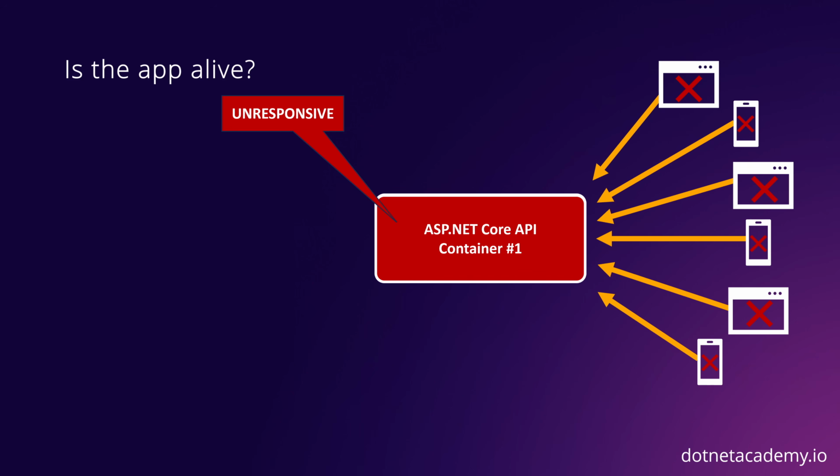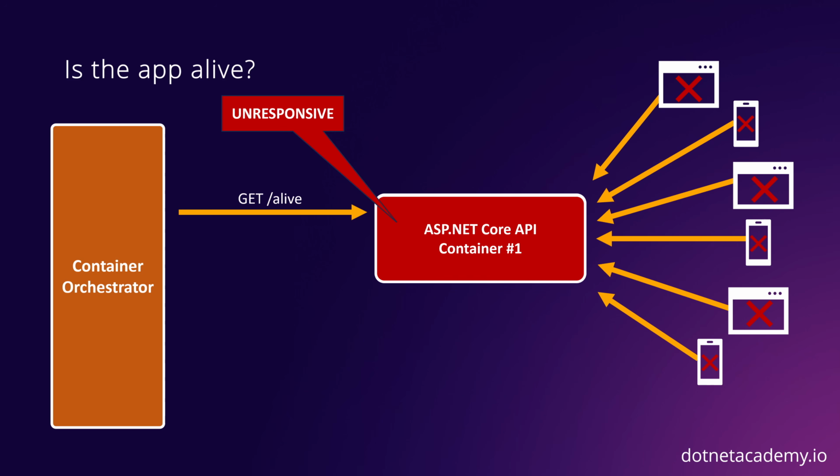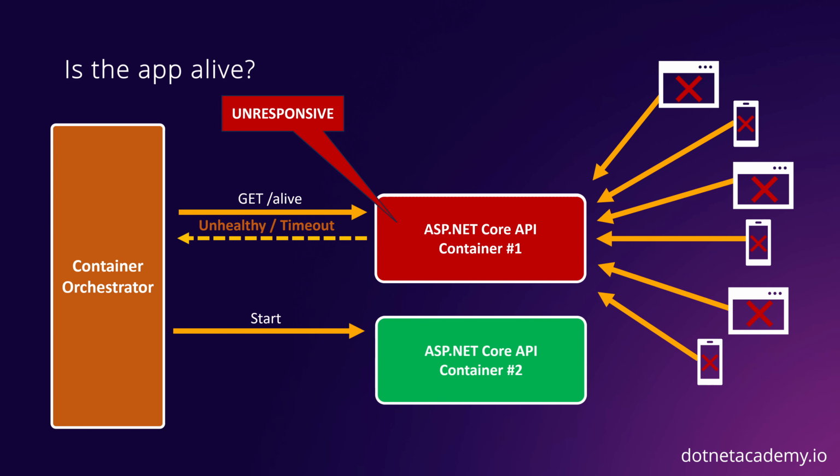We can stand up a special endpoint in our application that can be invoked by a container orchestrator like Kubernetes or Azure Container Apps. When the orchestrator fails to receive a healthy response within the configured timeout period, it understands that there's an issue with the container and then proactively spins up a new container for our application.